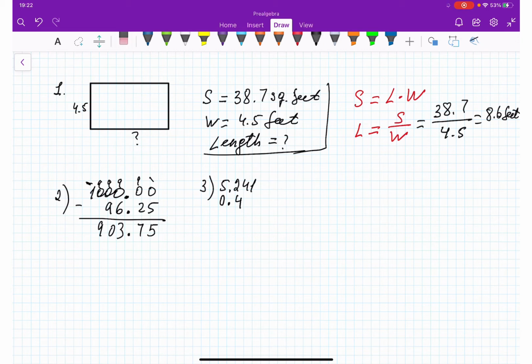Okay, and when I add, I'm getting 5.641.